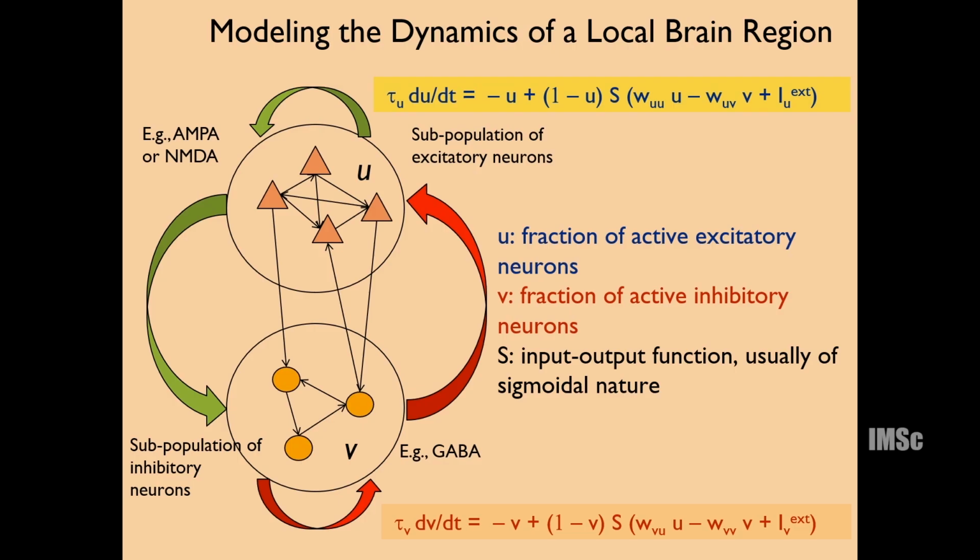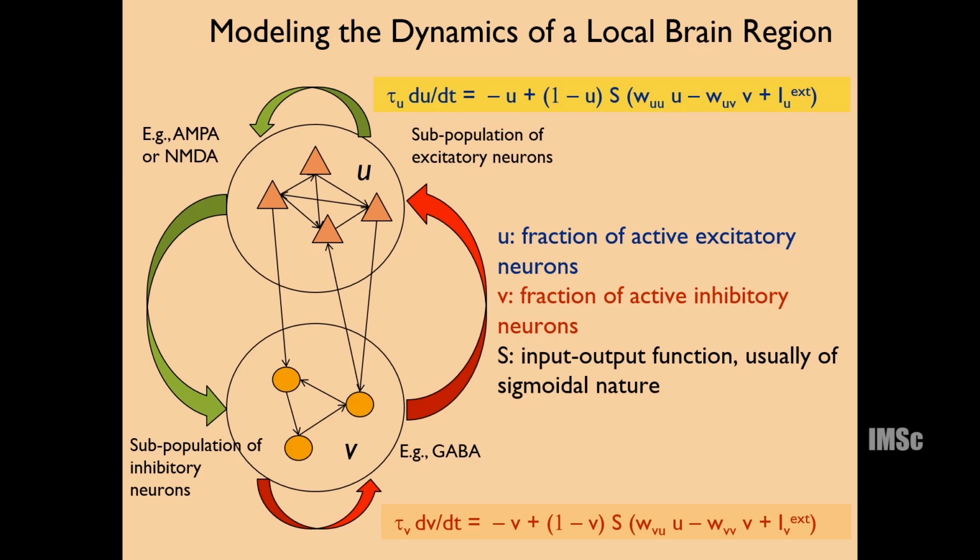By the way, this does not mean that some neuroscientist is punching them with an electrode. This could be some excitation coming from other regions of the brain. Anything from outside this population would be external current, right? So you are trying to write it down as some function of u, some function of v, and this external current.